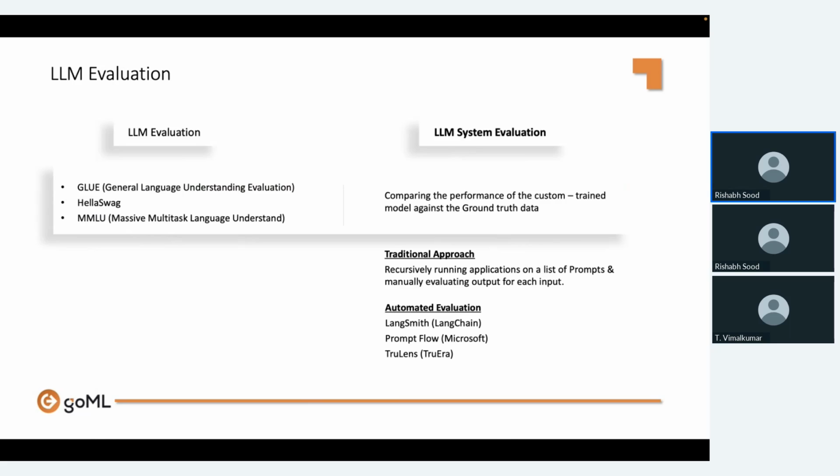But as we are seeing a lot of actual use cases going into production, where customers are seeing value, a lot of tools have started emerging in the market that help you evaluate these LLM systems deployed in production. Something like LangSmith, a tool developed by LangChain, allows you to trace the response completely.